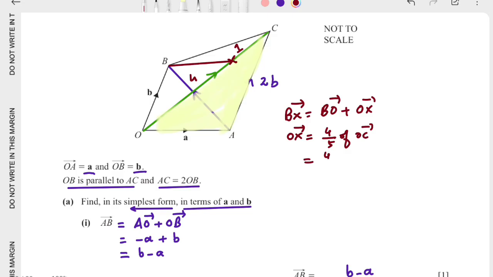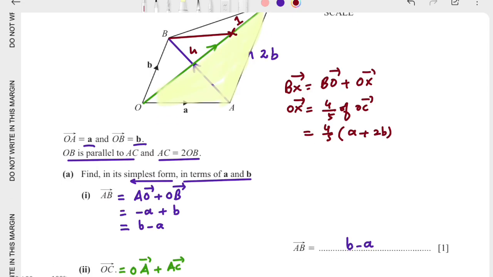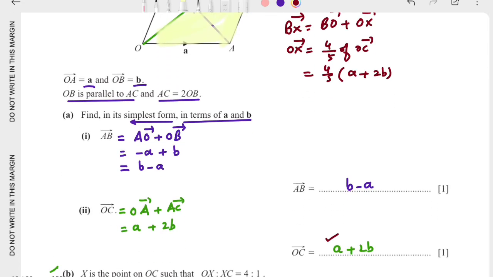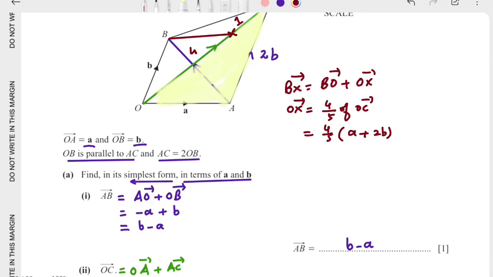So this would be 4 over 5 multiplied by OC, and OC is equal to A plus 2B. We have calculated that here. Now we can open it. It would be 4 over 5 A plus 8 over 5 B.